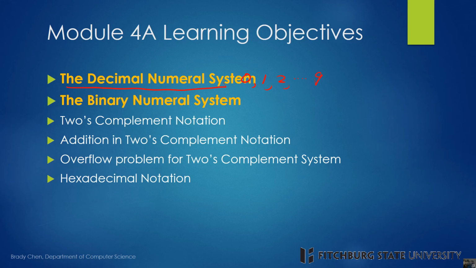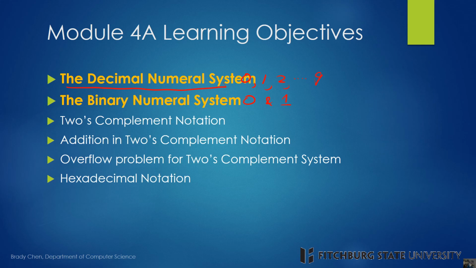Next, we're going to talk about the binary numeral system, which is widely used in computer systems. The binary numeral system uses two symbols, 0 and 1. With the binary numeral system, we will introduce the 2's complement notation.